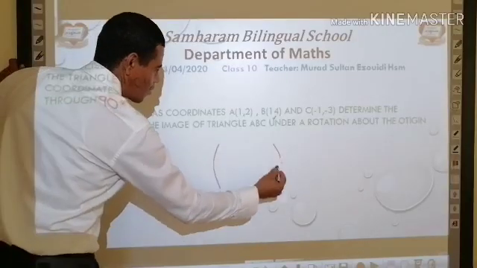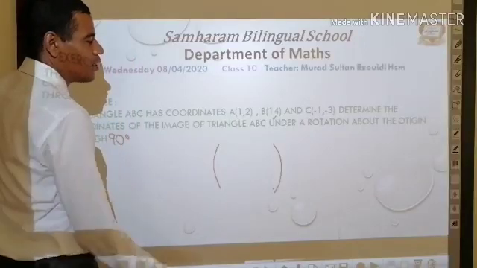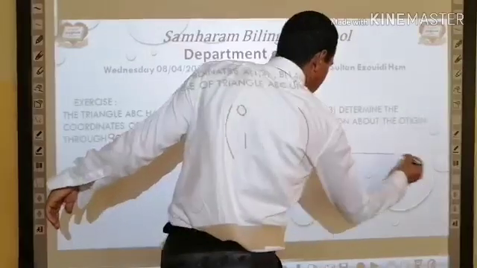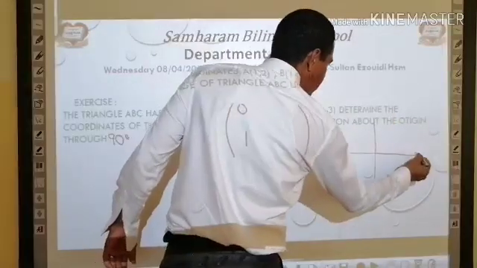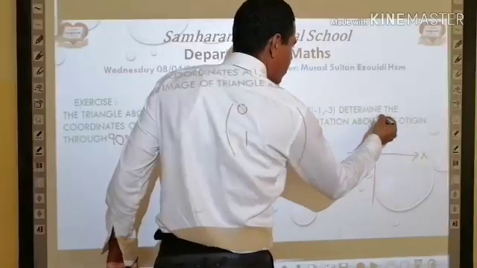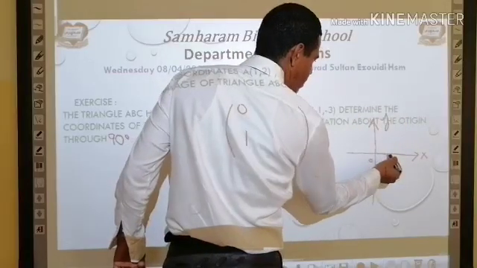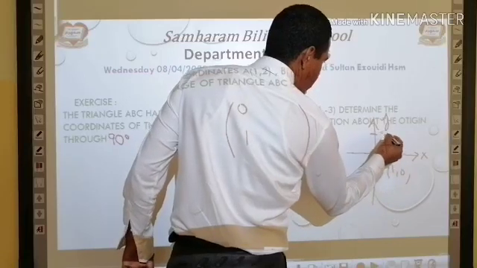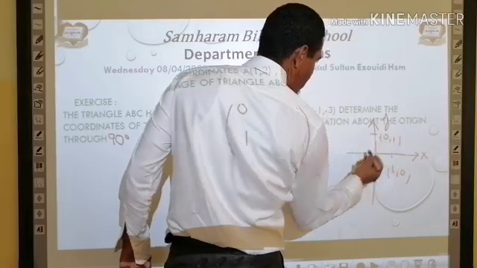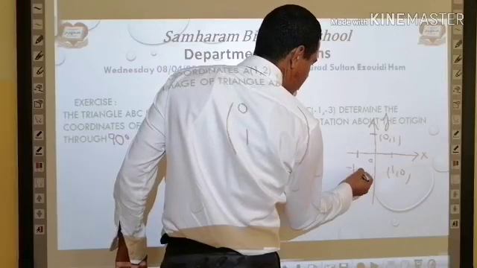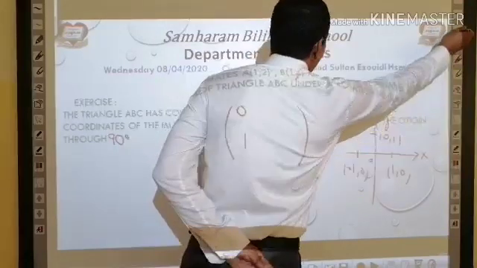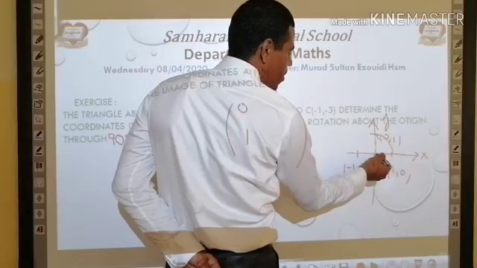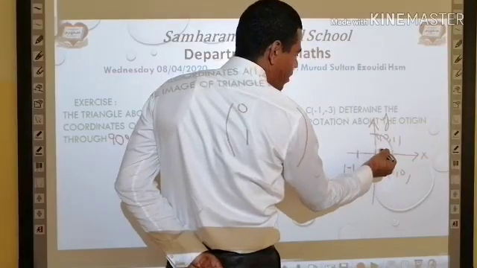For rotation, of course, we said look. This is the x-axis. This is y. This is 1, 0. This is 0, 1. And this is what? Negative 1, 0. We said this point has transformed here about the center through 90 degrees.